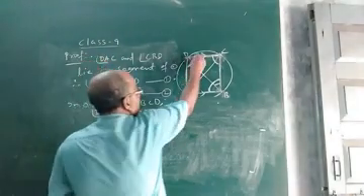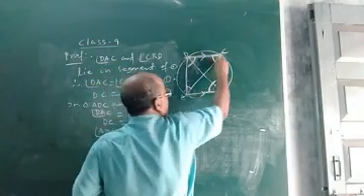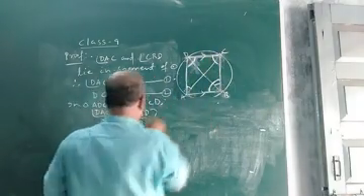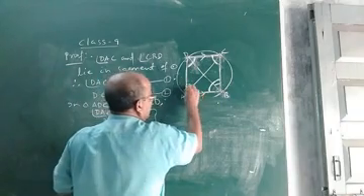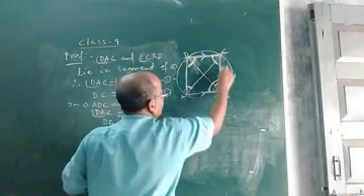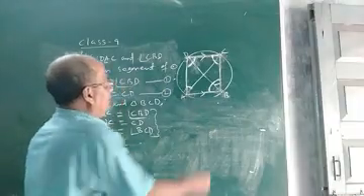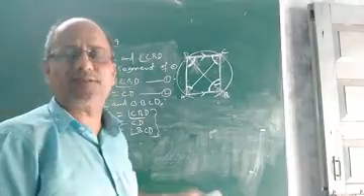You see, once again, now we proved what? This angle equal to this angle. It is written here: ADC equal to BCD. This angle DAC equal to CBD, this small angle. And DC equal to CD. So which congruence condition does it satisfy?